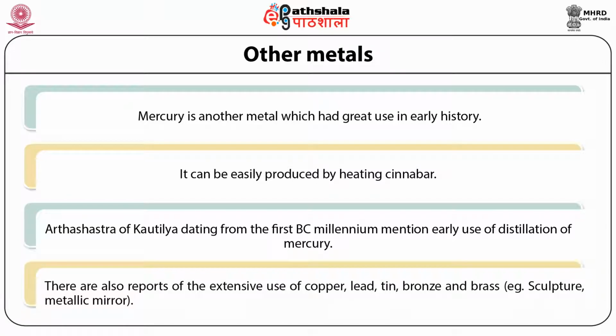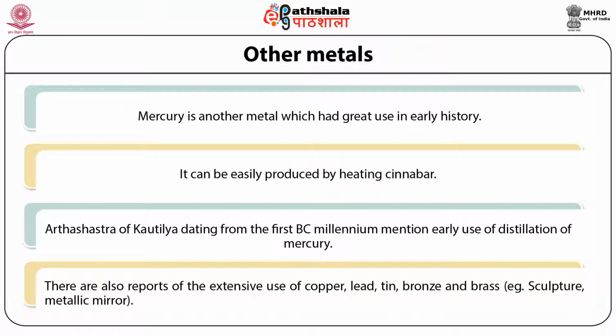There were also reports on the extensive use of copper, lead, tin, bronze, and brass in ancient Indian civilization too. The aesthetically designed dancing girl statue, made of bronze by casting, from Mohenjo-daro in the Indus Valley attracts special attention.